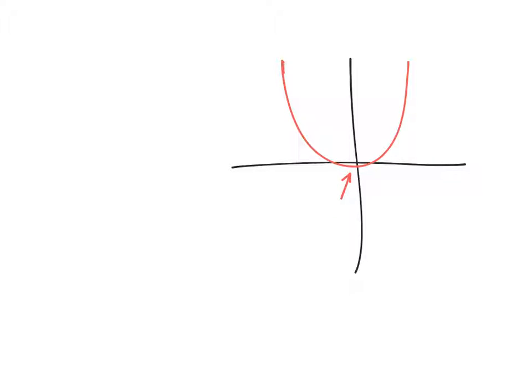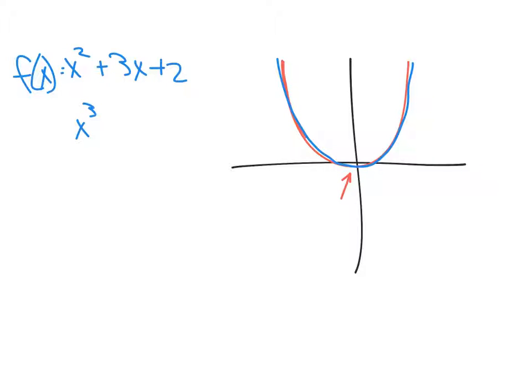So it may be decreasing until we get to here, and then it will start increasing. So there's one turning point. So we have x squared plus 3x plus 2, and that's our function, and it has one turning point. When we get to x cubed, we're going to have more than one turning point.